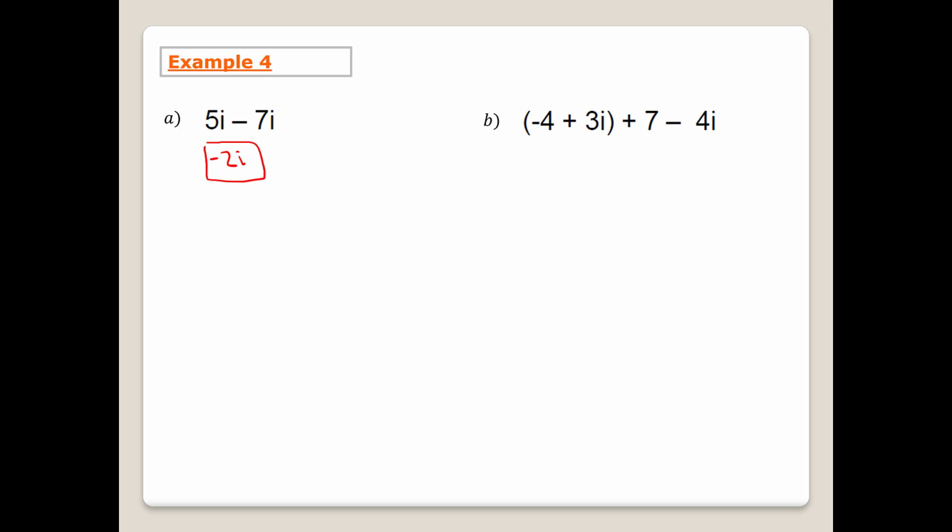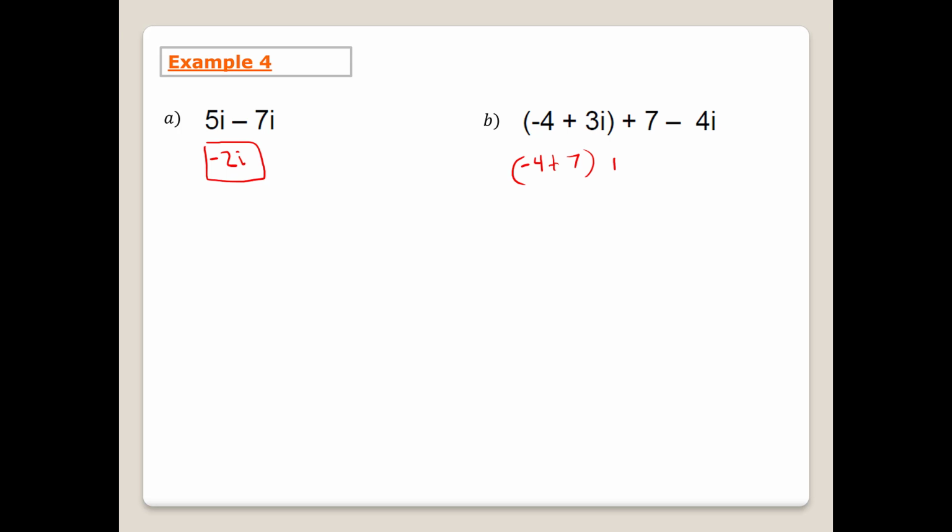On this one, there's nothing else we can do in this front bracket here, right? Negative 4 plus 3i. Then we just have plus 7 minus 4i. Well, there's nothing we need to do to this back portion either. So now we just need to combine our real numbers. So we should have negative 4 plus 7.